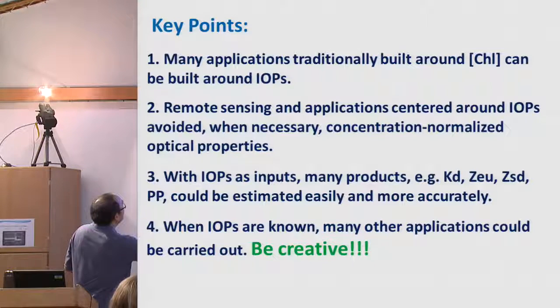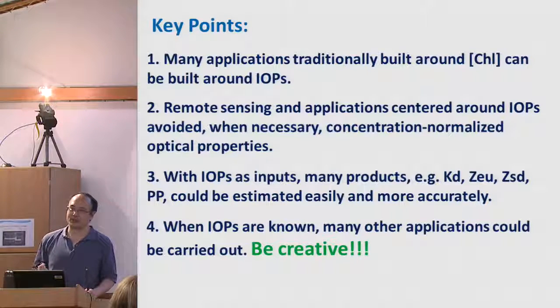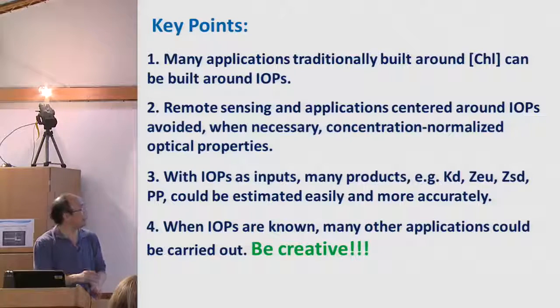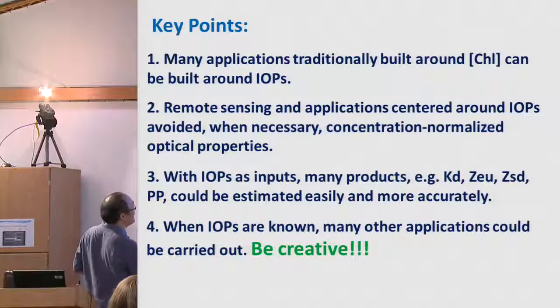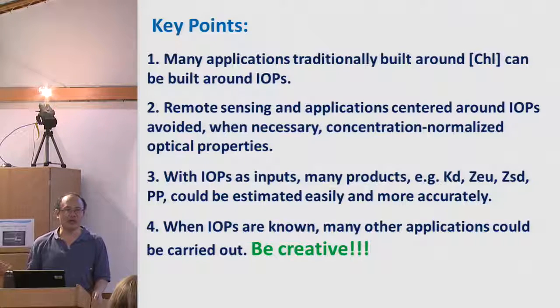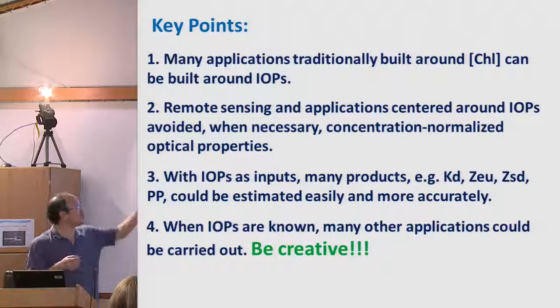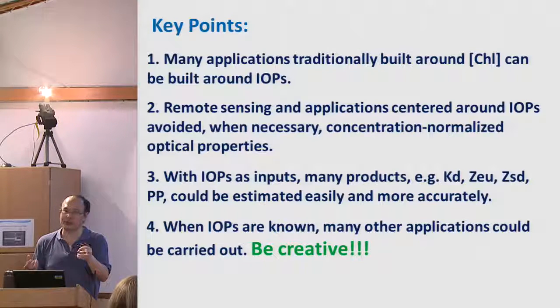More importantly, when we develop an application centered on IOPs, we no longer need to specify what we call concentration normalized optical properties, the so-called APH star or BB star or those things. Think of chlorophyll as a biological property. Absorption is an optical property. To link these two, we have to take a ratio of the absorption to concentration. That's called the concentration normalized property.